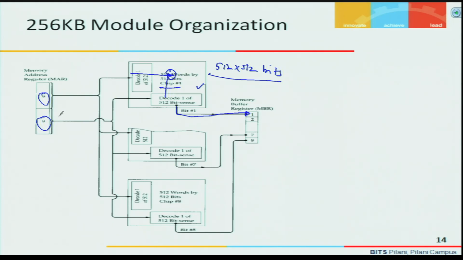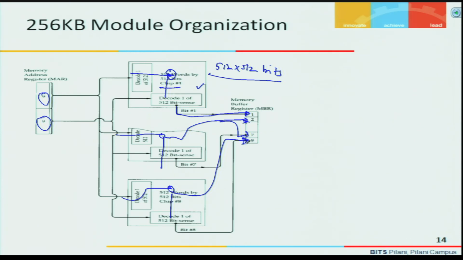Similarly, whatever address appears, the corresponding lines of all the chips will give me 1 bit of information each. The second chip will give this, the 7th chip will give this information, and similarly the 8th chip, because the same address lines are given to all the chips. So, the corresponding rows and columns are located in each chip, and it will provide me 8 bits in a single read operation.